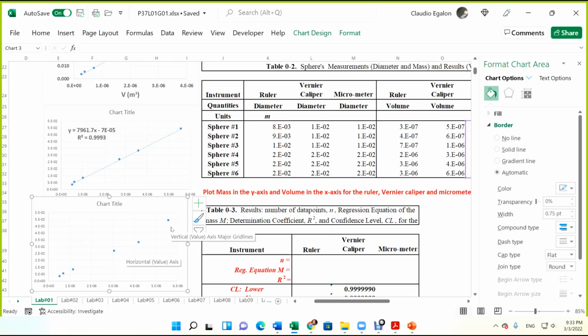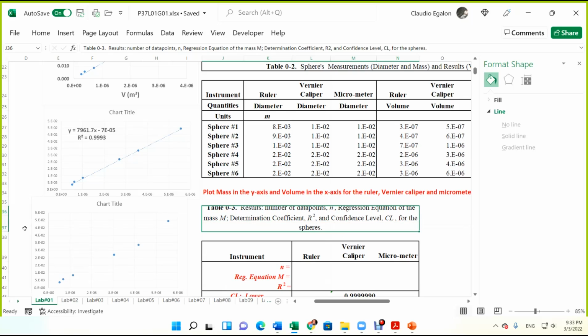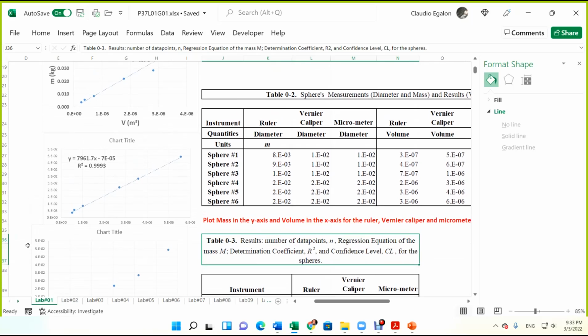I got a question. Go ahead. If we send a message to you on Canvas, is there any? I don't check Canvas. You have to send me a message to my private email address that's in the syllabus.